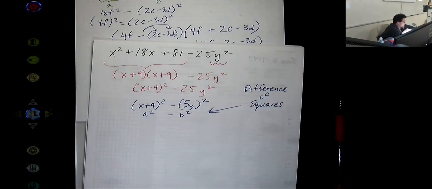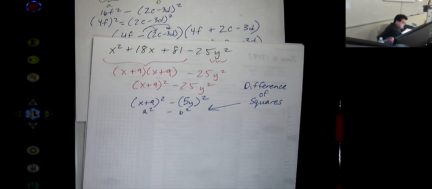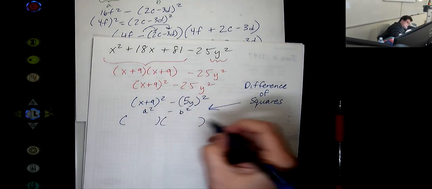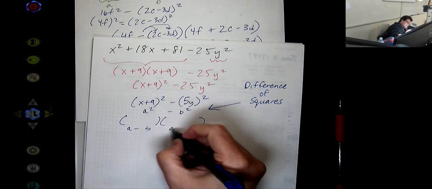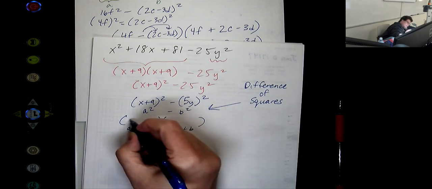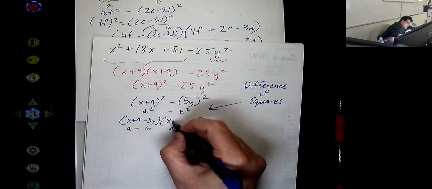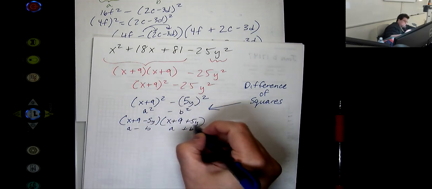Difference is subtraction, squares is obvious, hopefully. Which means I want to do the a minus b and a plus b. I'm going to have x plus 9 minus 5y and x plus 9 plus 5y.